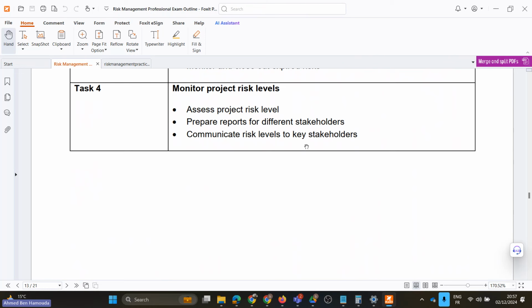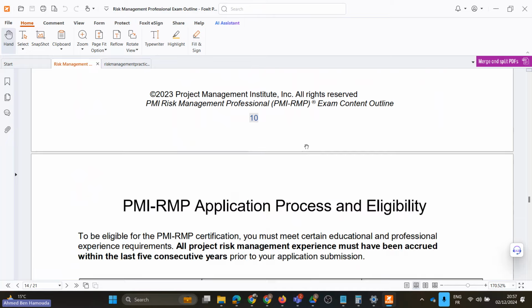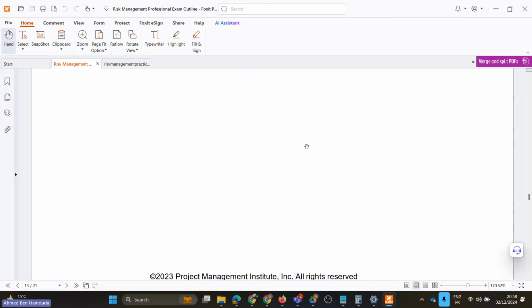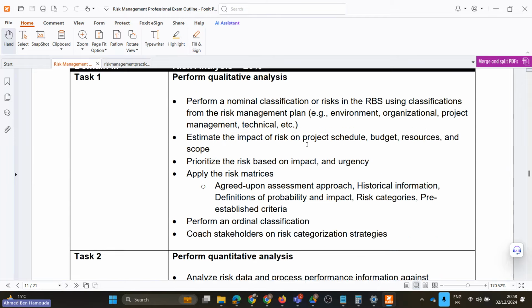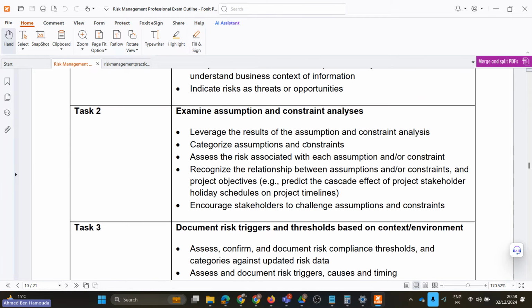Personally, when I created the RMP content, I relied a lot on practical situations and exercises, not just mock exams, because all those different tools and techniques for analyzing and defining the types of risks are quite important to learn. So basically, this is the ECO, which I went through with you in this first session.